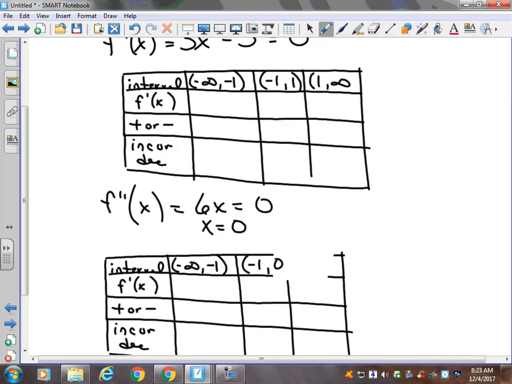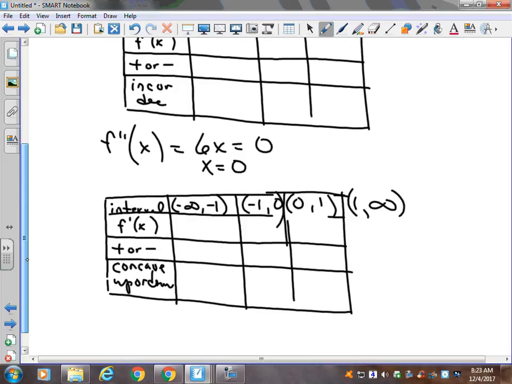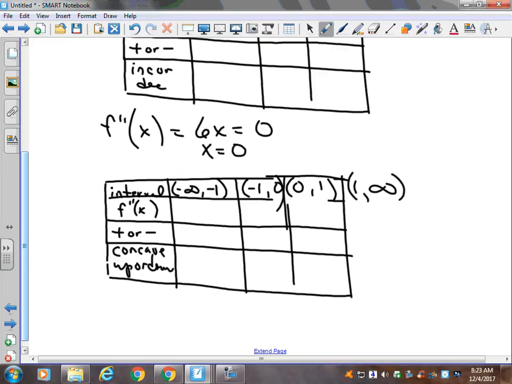From -1 to 0, from 0 to 1, and 1 to infinity. I inserted an extra one, right? Everybody see that? And then I'll be telling about concavity down here instead of increasing or decreasing. Find the value, would you change that to? Second derivative.